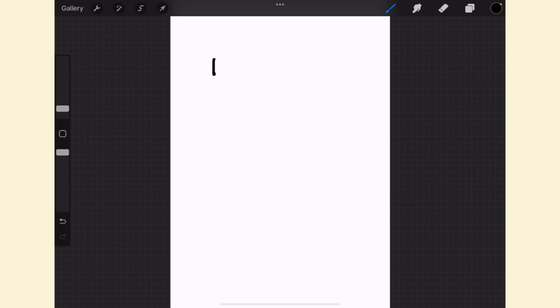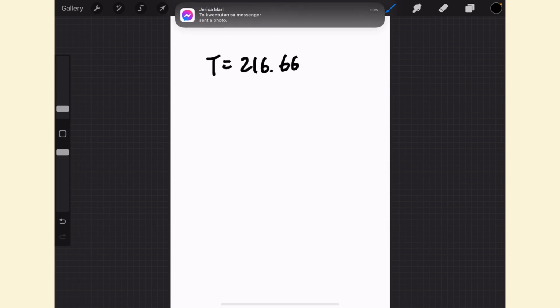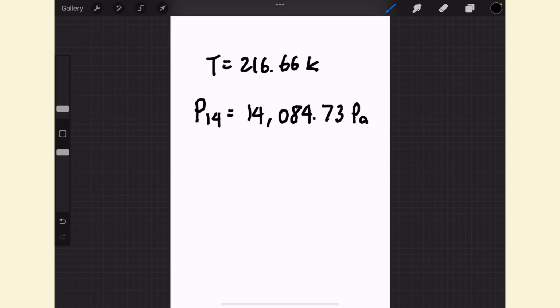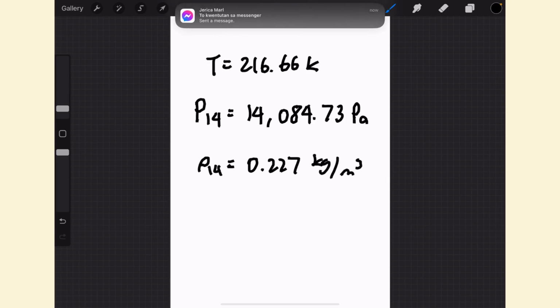Sa T natin is equal sa 216.66 Kelvin. Ang ating pressure natin at 14 is equal to 14,084.73 Pascal. At ang density natin sa 14 km ay 0.227 kilograms per meter cube. So, ayan ang ating final answer.